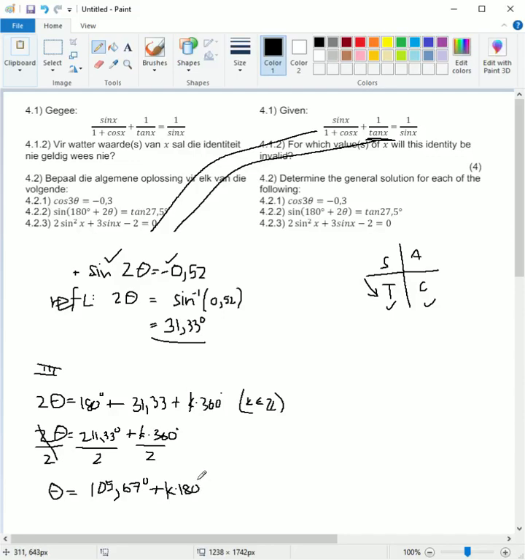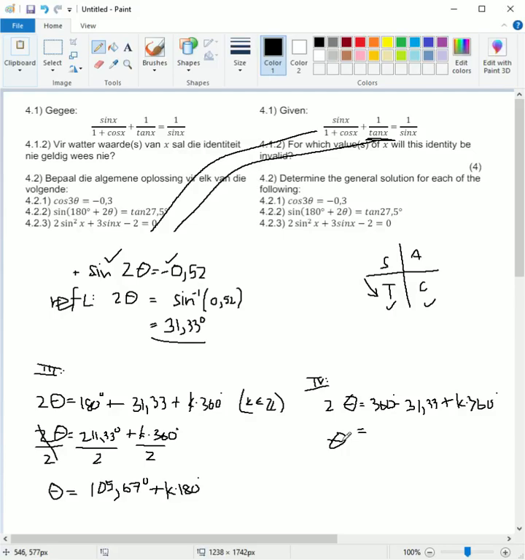Right, so that is our third quadrant. Now we have a solution in our fourth quadrant. So fourth quadrant, that is going to be 360 minus, so your 2 theta equals 360 degrees minus your reference angle, which is 31.33. Again, plus k times 360. Okay, and everything gets divided by 2.